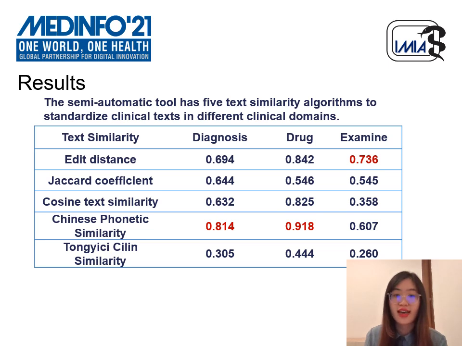It was found that the Chinese phonetic similarity algorithm was suitable for diagnosis and drug domains, and the edit distance performed well in the examination domain. It is possible that the Jaccard, cosine similarity and 同义词词林 will achieve better results in some other clinical domains.